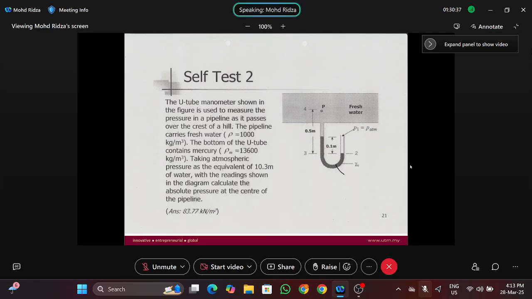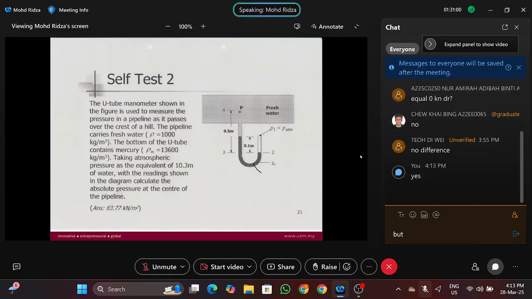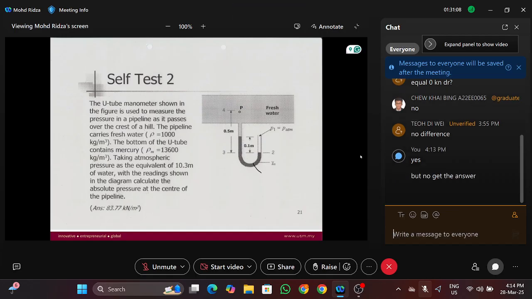All right. Hello. Okay. Who would like to share the solution first? Wen Yen, are you around? Maybe Wen Yen and also Teo Di Wei, do you want to share your solution? If you don't get the answer, it's okay. Let's try to go through and we discuss. How are we going to do this?